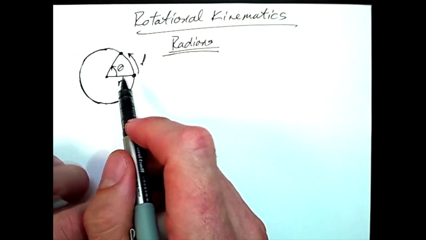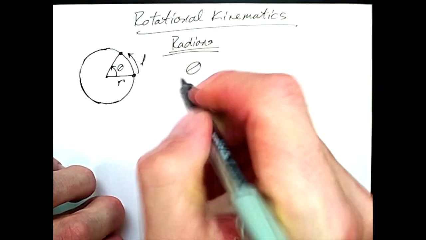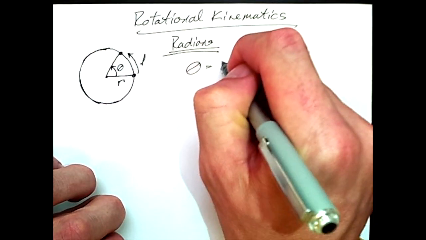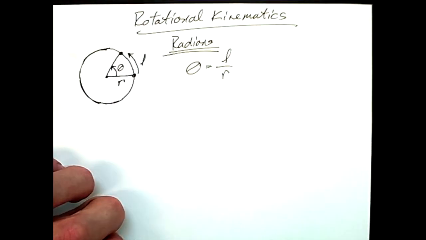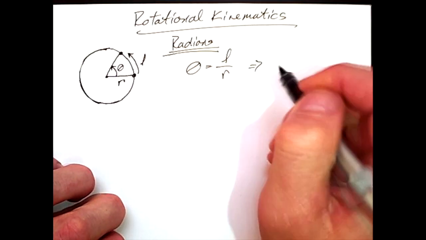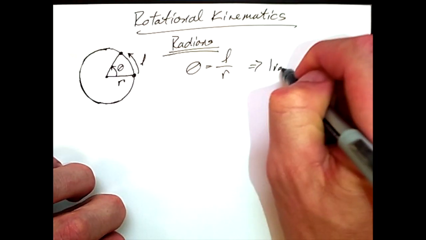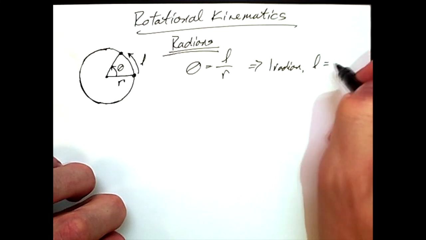In terms of theta, radians then, theta is described as the proportion of length to radius, L divided by R. In this sense, 1 radian is when L equals R.